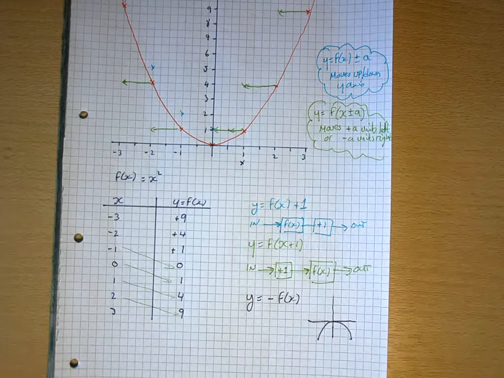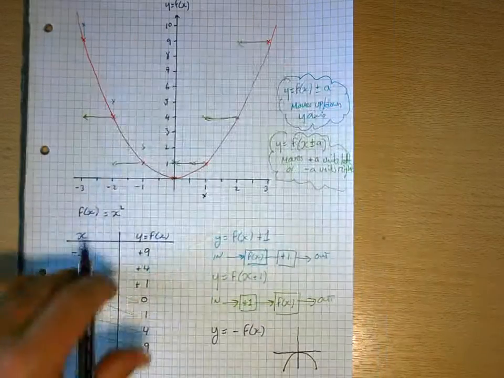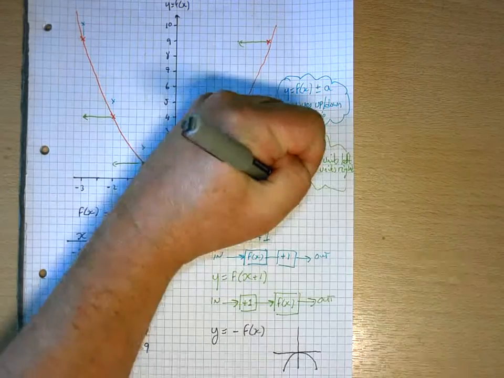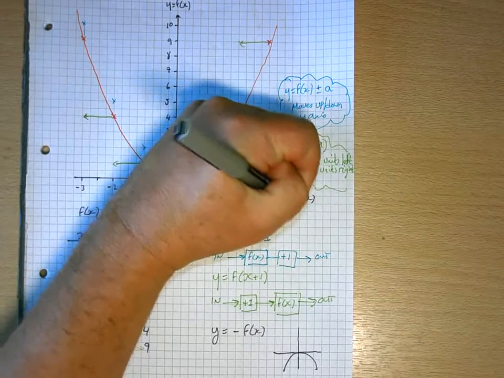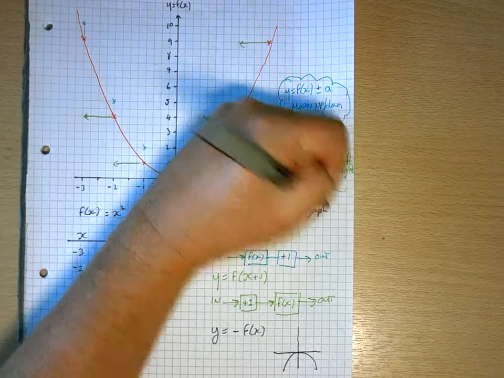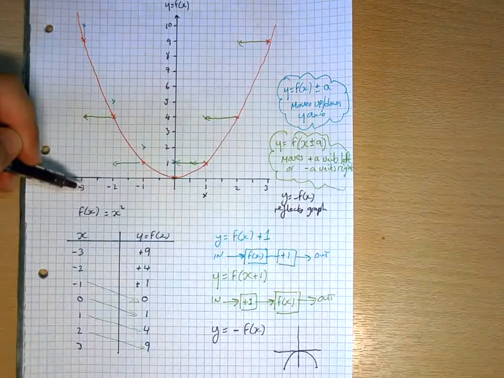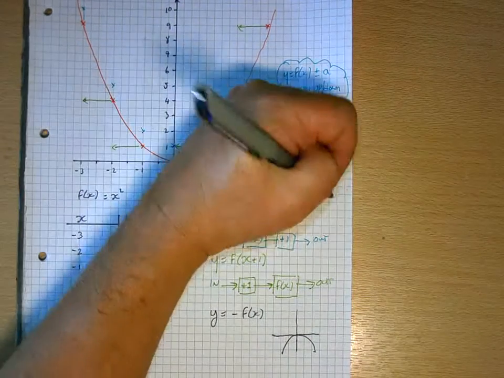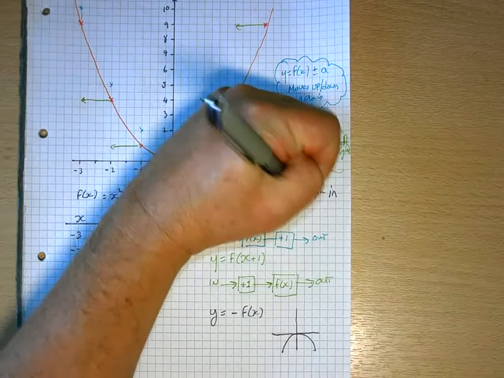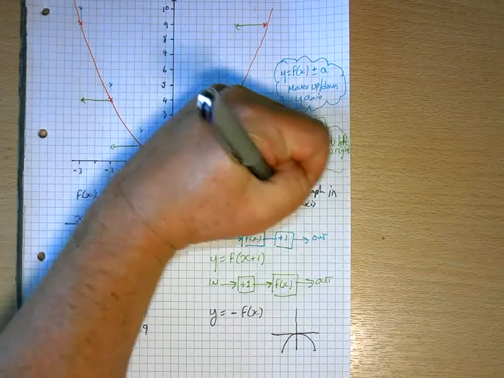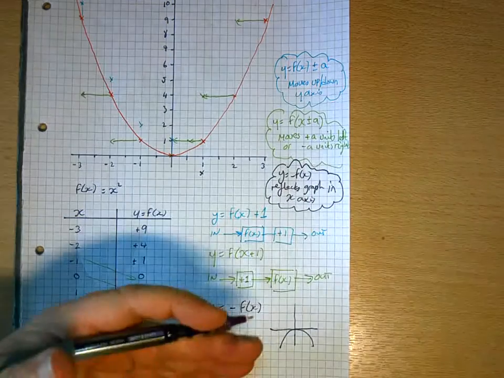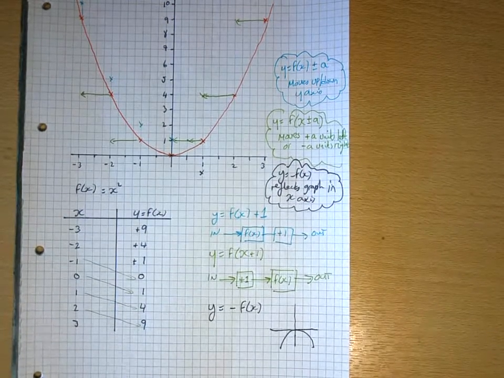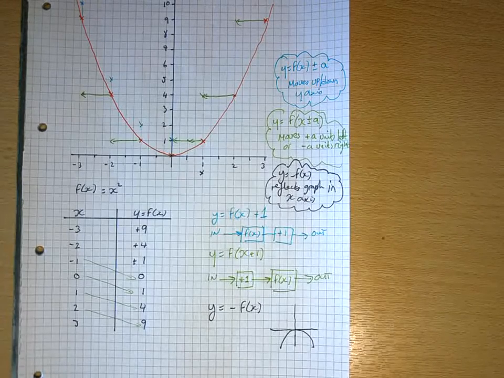So what y equals minus f(x) does is reflect the graph using the x-axis as a mirror. So if you've got minus f(x), you're going to reflect your curve, whatever curve you've been given.